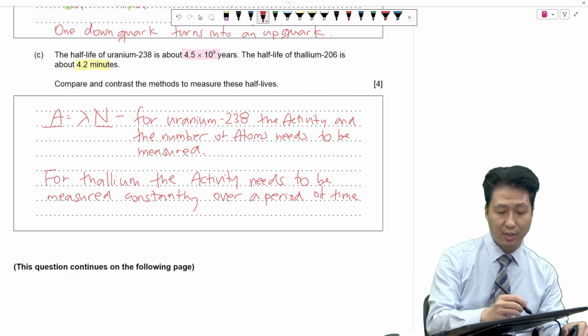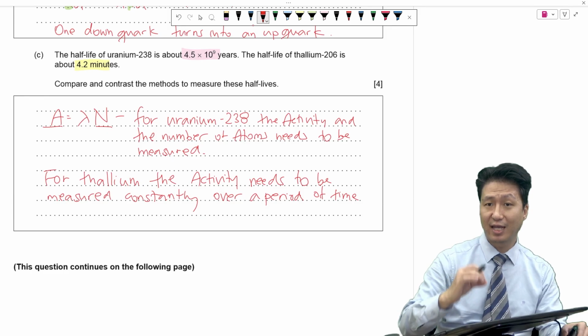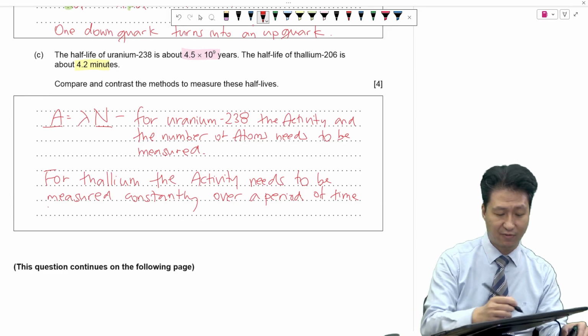And then you measure when the activity reaches half the original activity, and that would be the half-life.